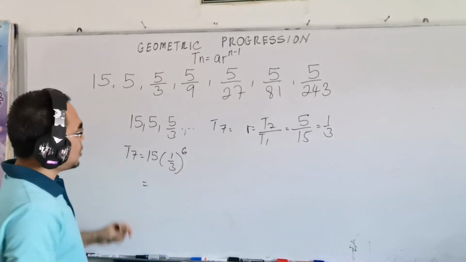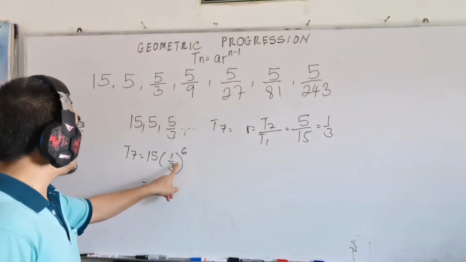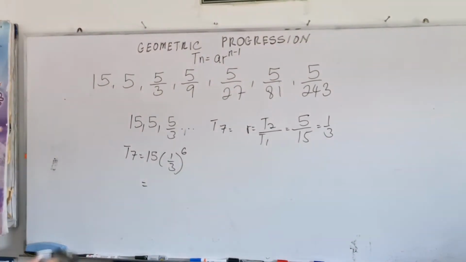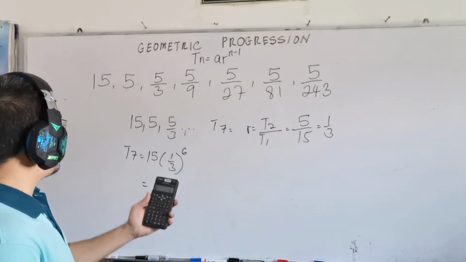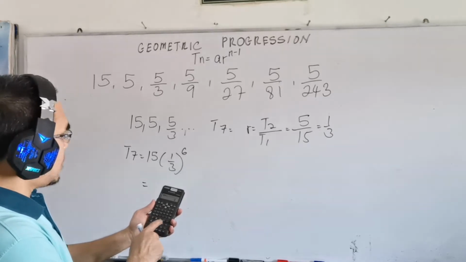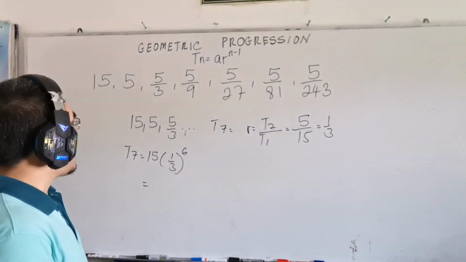Okay. So the order of operation in this case will be 1 over 3 to the power of 6 and then multiplied by 15. But if you are using a calculator, the calculator is already programmed to do that job. Make sure that you put this 1 over 3 inside a bracket.